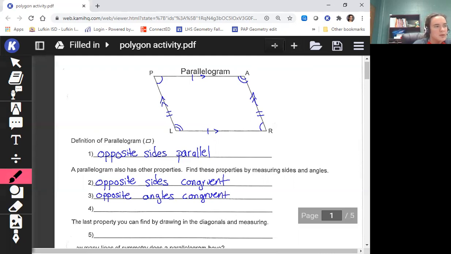Now remember that when you have sides that are parallel, you will have different angles that are congruent or supplementary.